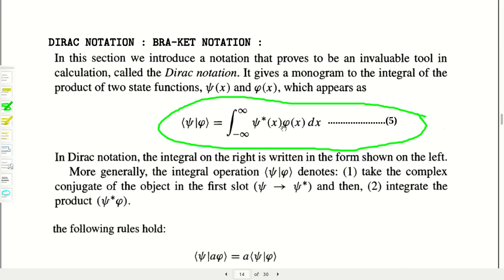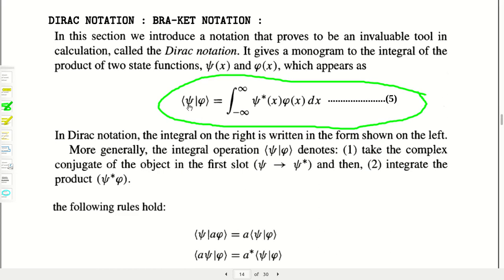That is, the integral of psi star phi dx from minus infinity to plus infinity. So what is this and what is this? What is the meaning of the left angle and what is the meaning of the right angle? Why are they different from each other? What is the meaning of this symbol? It is written over here.